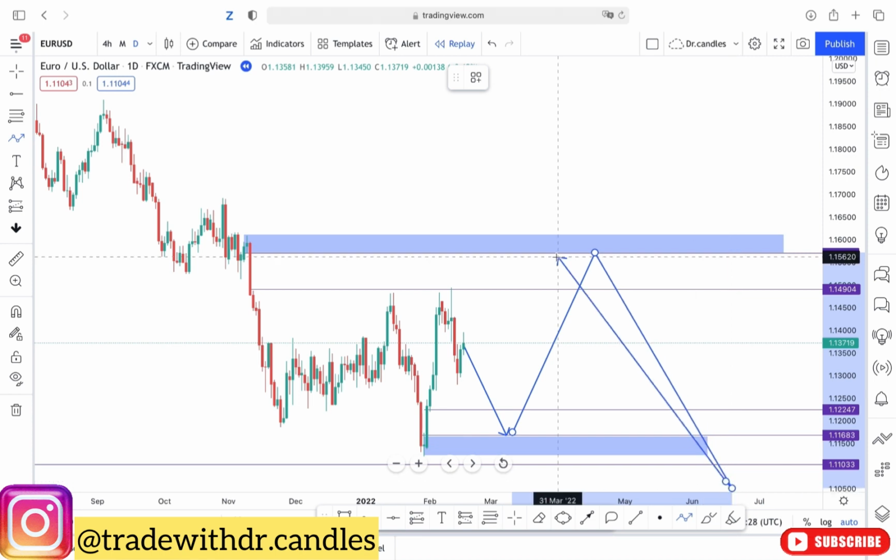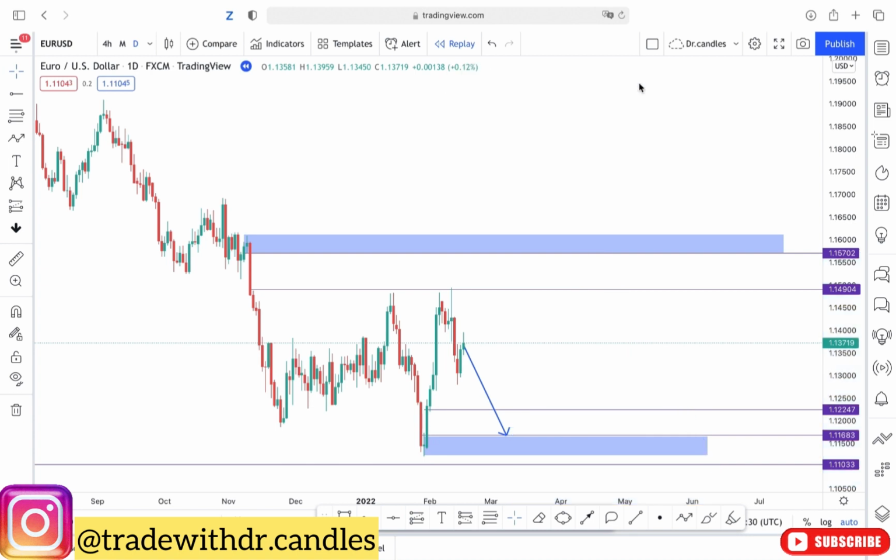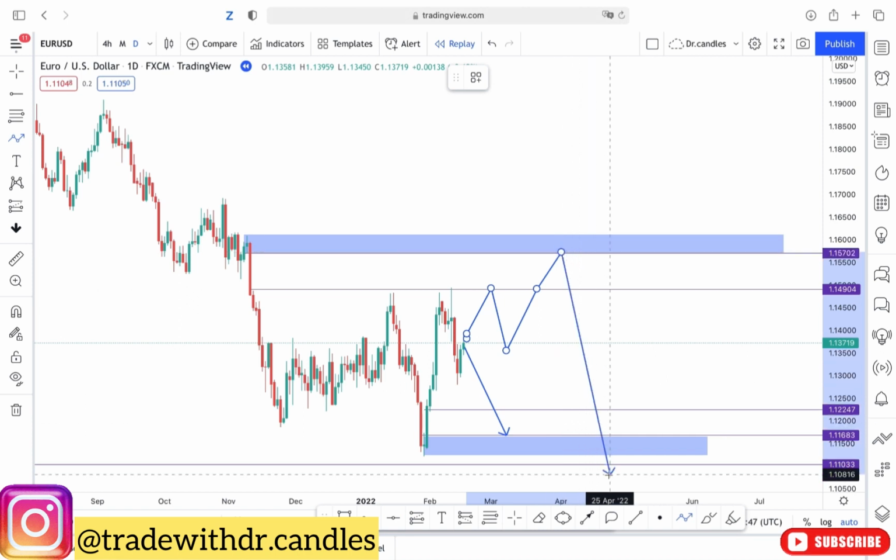Or the market will just start right from here, break this level, and trap retail traders into thinking that this resistance level has been broken. Then the market will tap onto the supply area, then finally drop. So we have two possibilities here.